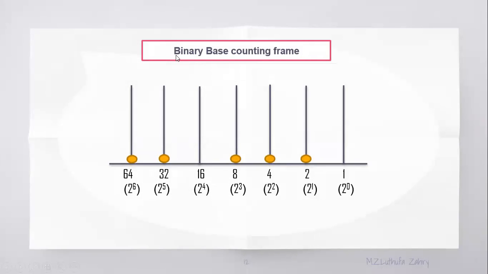When it comes to the binary base counting frame, these are the weighting factors and this is the place value. 2 to the power 1 is 2, and 2 to the power 2 will be 4. You know how a power is formed, 2 into 2, right? That is how you got 4, the place values. Then 2 to the power 3, 2 to the power 4 and so on.